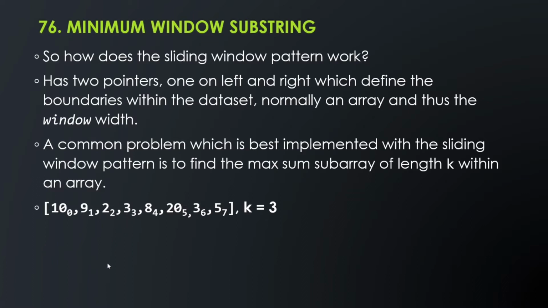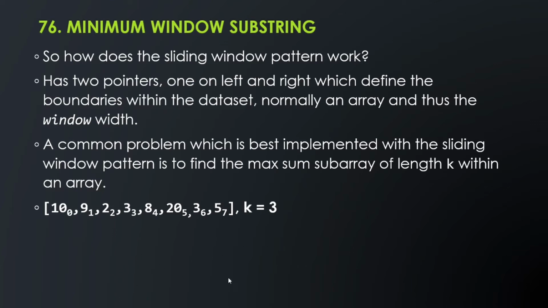And we do our comparisons to keep track of our max, and then we slide over again, increment I, increment J, which represent our left and right pointers respectively, and we simply subtract the value that's no longer in the window and add the value that's now in the window, and then compare it again.